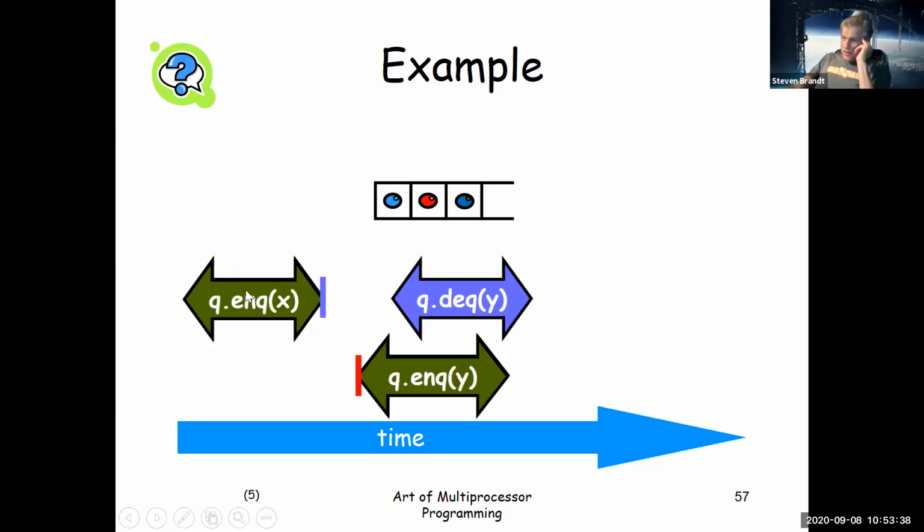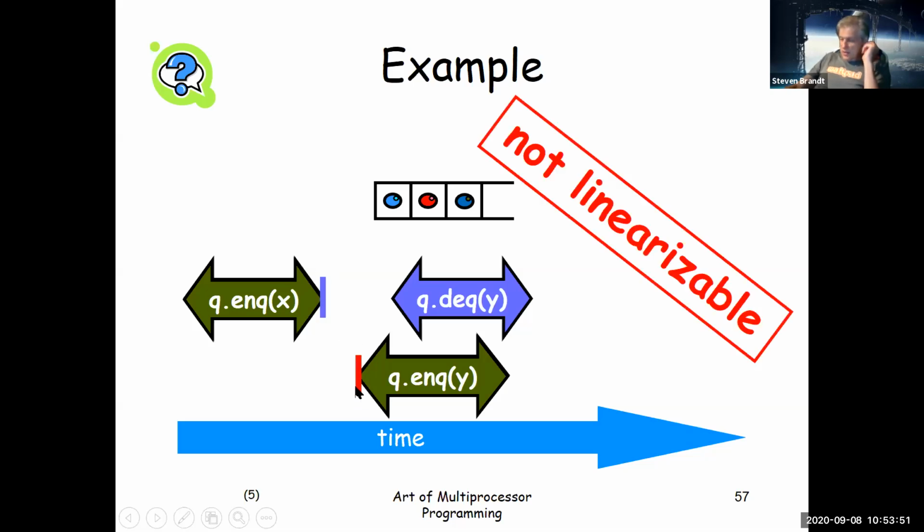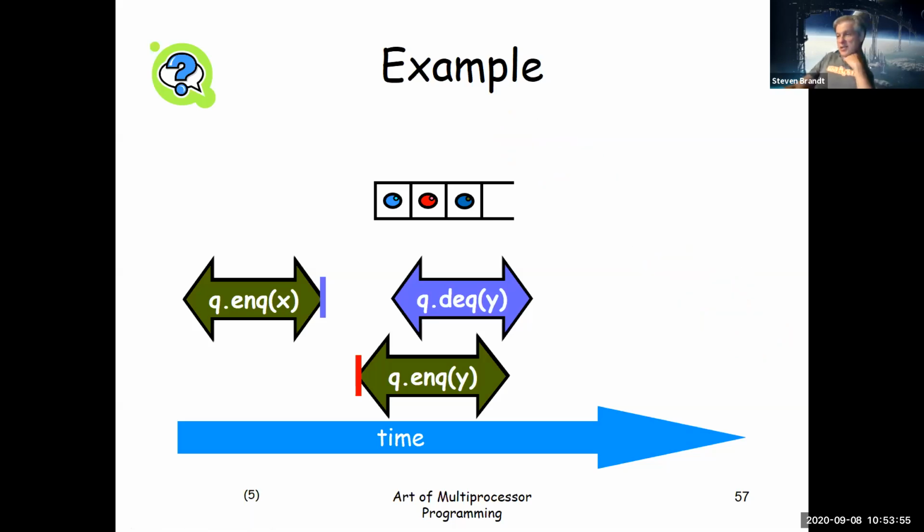Okay, so let's say that this NQ method takes place, we take this as our linearization point for the NQX, and we take this as our linearization point for our NQY. Okay, so the question is, is this linearizable?